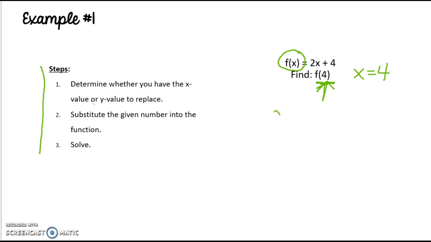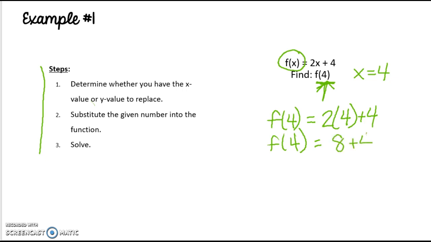So what I'm going to be doing is finding f of 4 by plugging 4 in for x. So f of 4 is equal to 2 times 4, which is 8 plus 4. So f of 4 equals 12. What this tells me is that when x is 4, y is 12. So that is the ordered pair that I get.